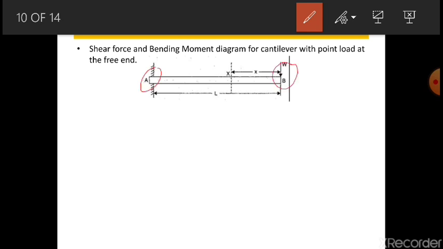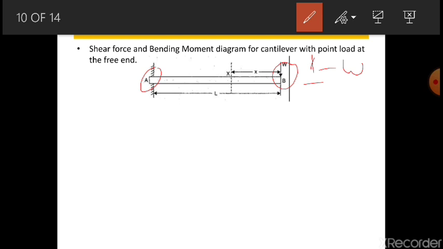What is shear force? Shear force is nothing but the algebraic summation of the forces. So how many forces are there? There is only one force, it is W. So for the calculation of that, you have to take a section at any distance x.